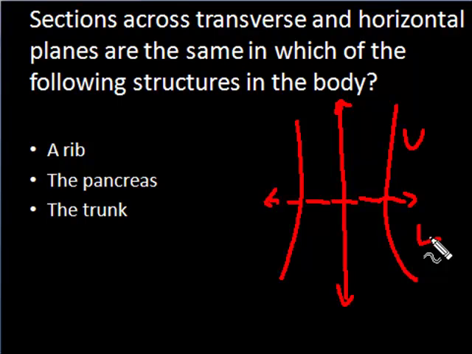A horizontal section also, remember it's going from front to back, will again divide it into an upper and a lower portion. So in the case of the trunk, the transverse and horizontal sections, or planes, are the same, but they are not in the case of a rib or the pancreas or any structure which lies horizontally across the body.